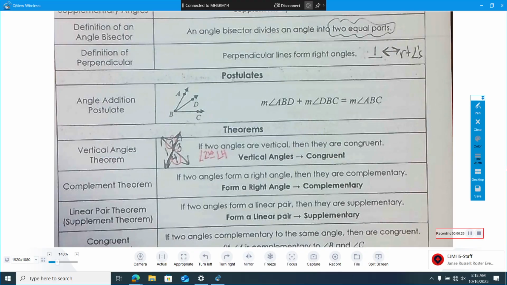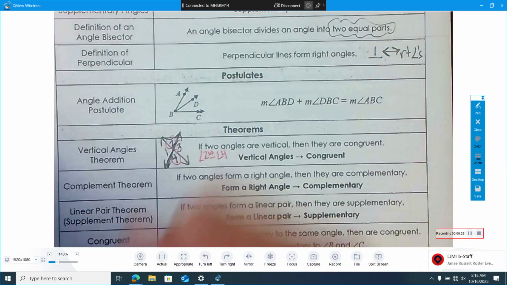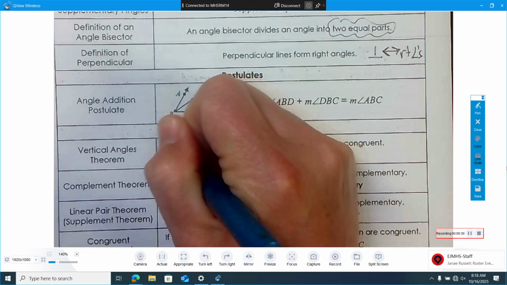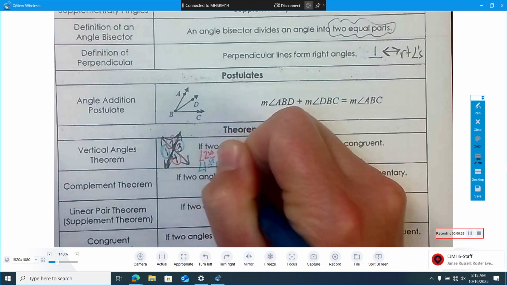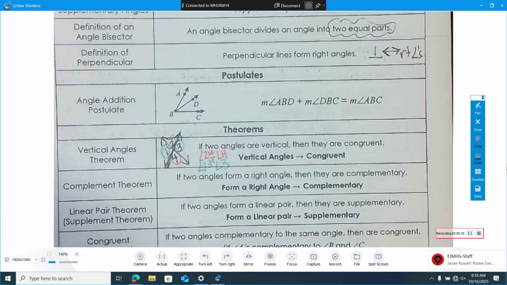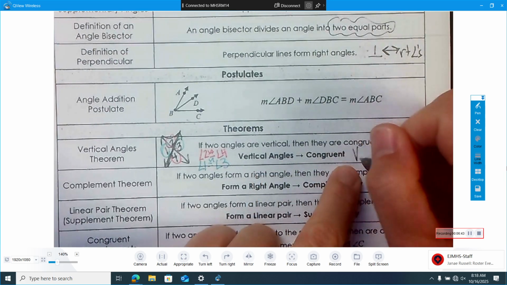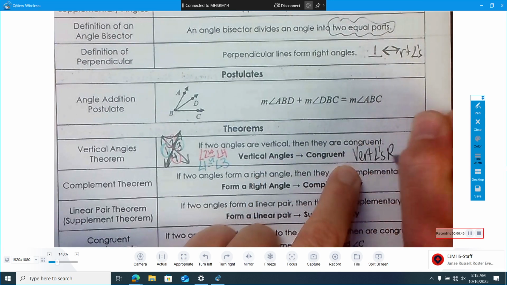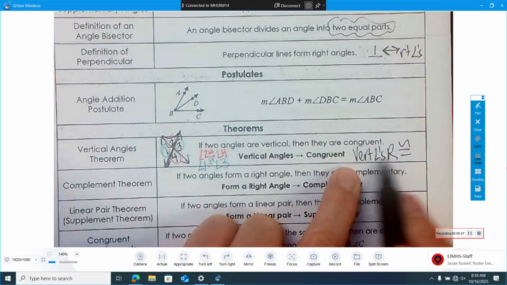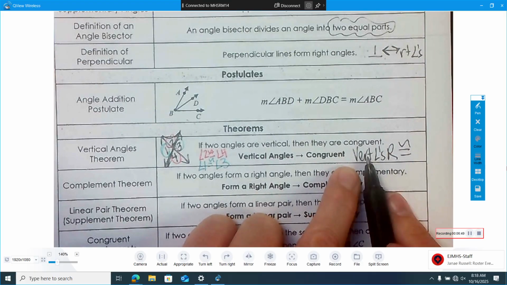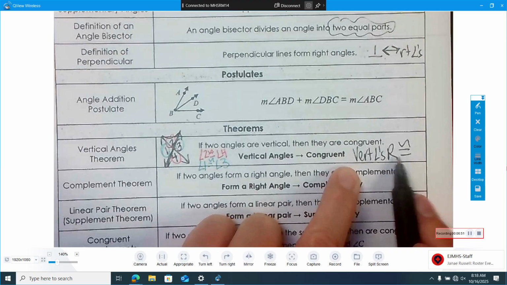What other angles are vertical angles? 1 and 3 are also vertical angles. Angle 1 is congruent to angle 3. Two intersecting lines create vertical angles, and vertical angles are congruent. We can write that: vertical angles are congruent. We could write it like that if we wanted to be short, concise, and descriptive all in one. That's what we like.